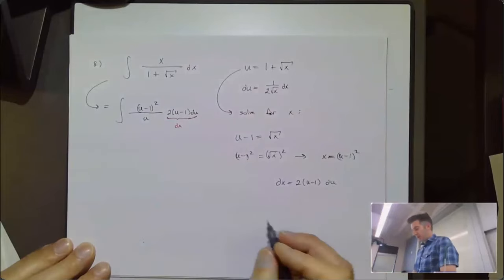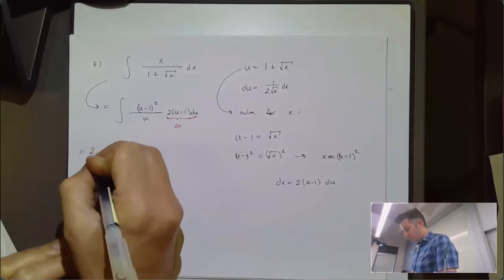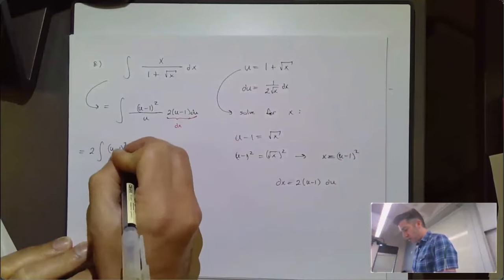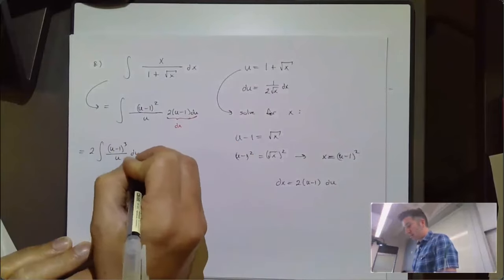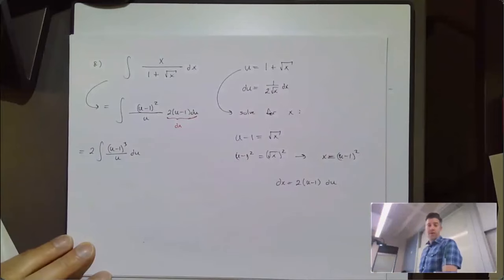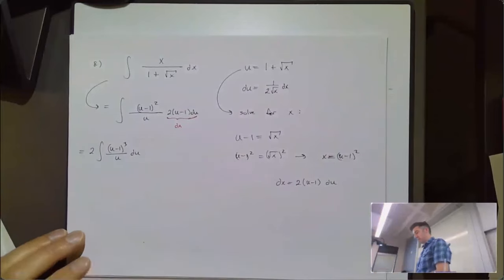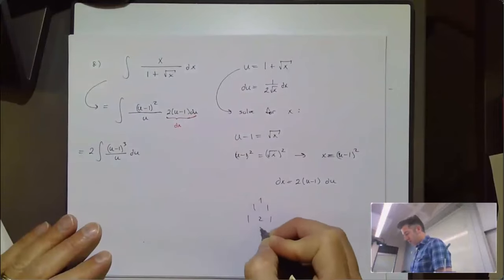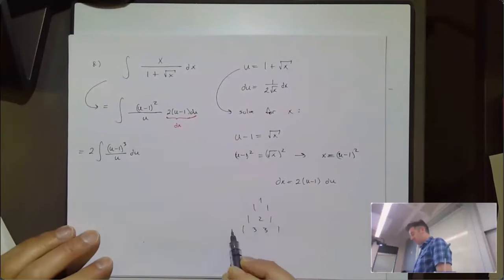Cool. So now I'm going to factor out the 2. u minus 1 squared times u minus 1 is u minus 1 cubed. There's a quick way for multiplying out something plus something to the third power. You can use Pascal's triangle. Those are the coefficients right there.